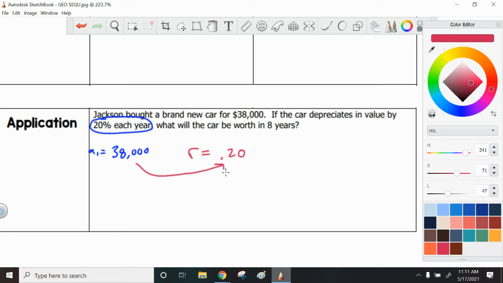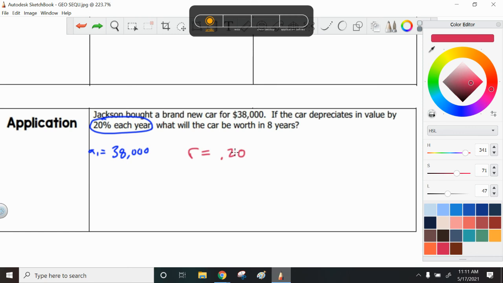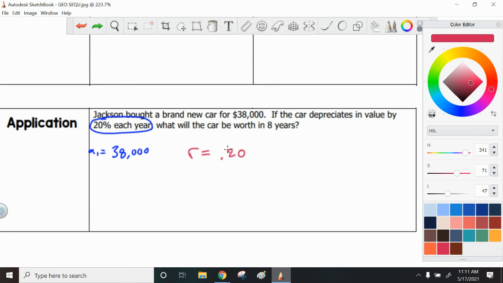But actually, we need our ratio to be 0.80 because we need to be 80% of what we were worth. Again, this question in my mind is much harder than what I'd use on the test. But if we use a 0.8 ratio, that means that our car is going to be worth 80% year after year. And so now every year we can multiply it by 0.8 and figure out what it's worth.